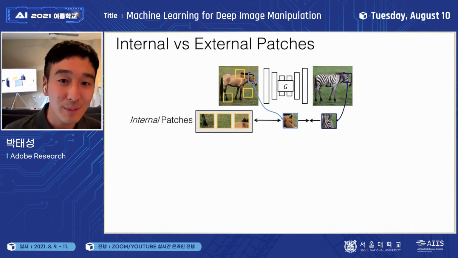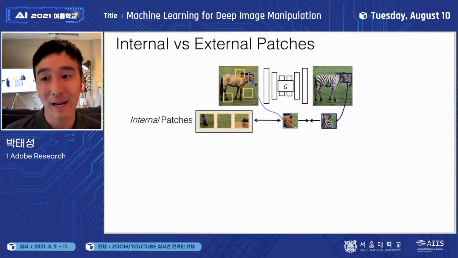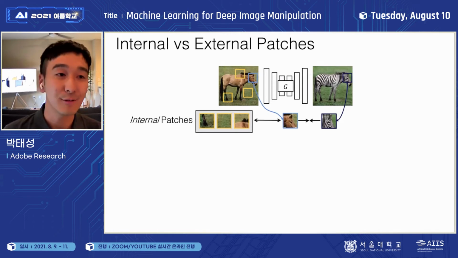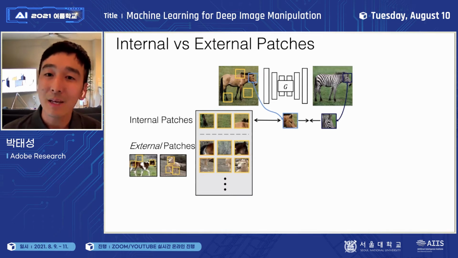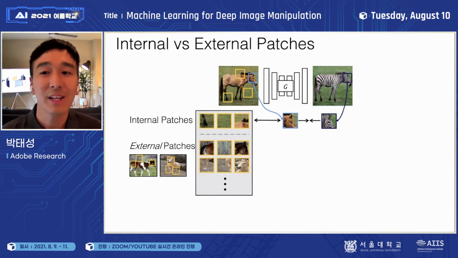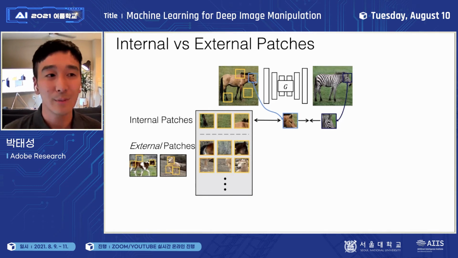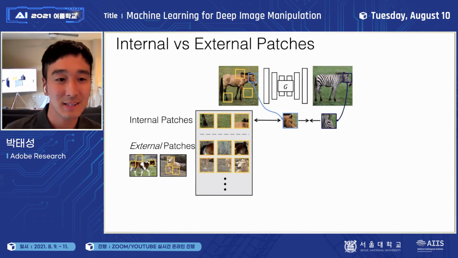And interestingly, we observed that the choice of negative patches is important. By default, we only sample the negatives from the same image, which we call internal patches. But maybe we can include random patches from other images as additional negatives. And we're going to call these external patches.